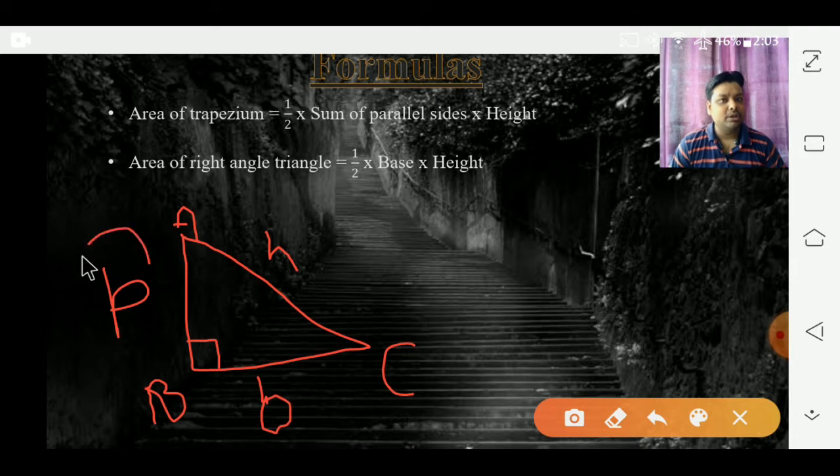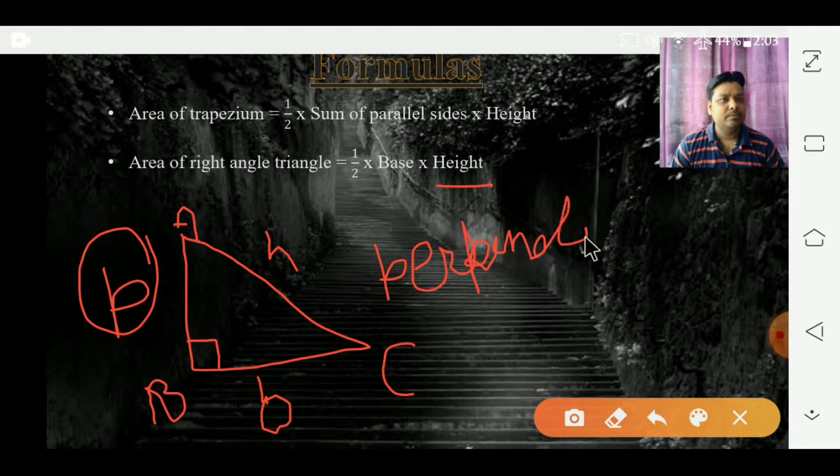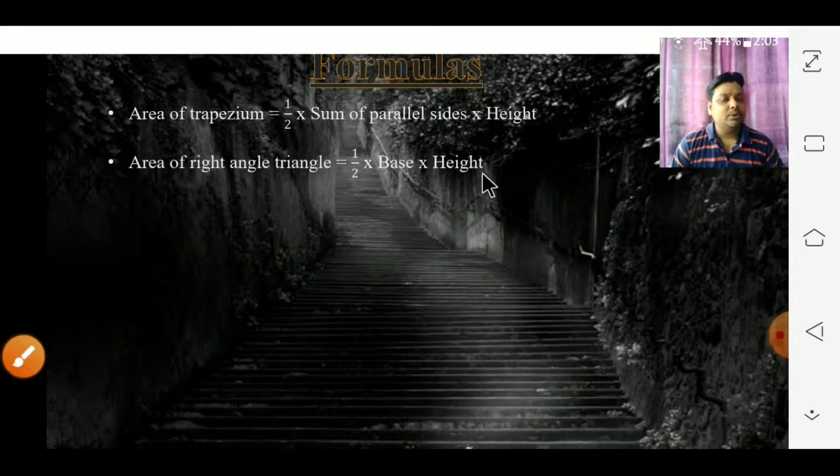Height is what? P, because height is also called P for perpendicular.